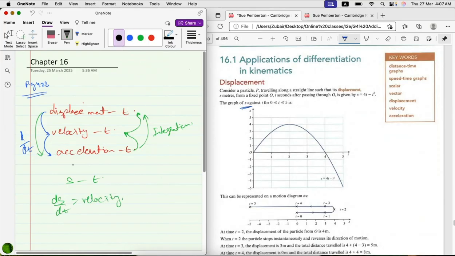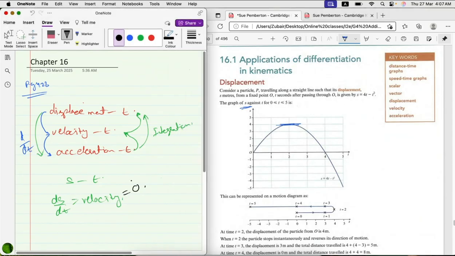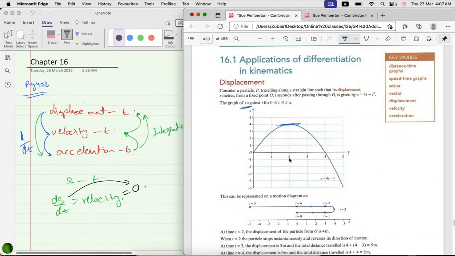And remember, we used to put dy by dx equal to 0 when we wanted the turning point. When gradient is 0, at that point you'll get the time, that is 2 in this case. So you can put 2 in the equation and get the exact value of displacement at the turning point.